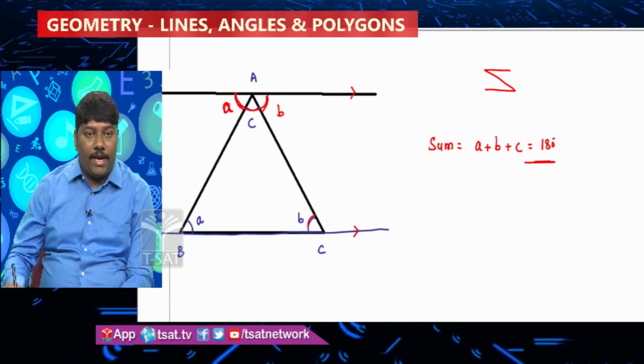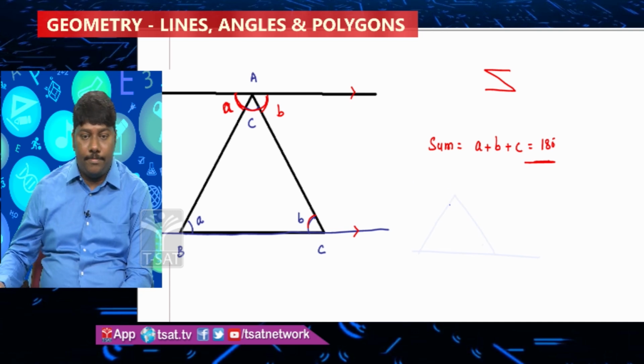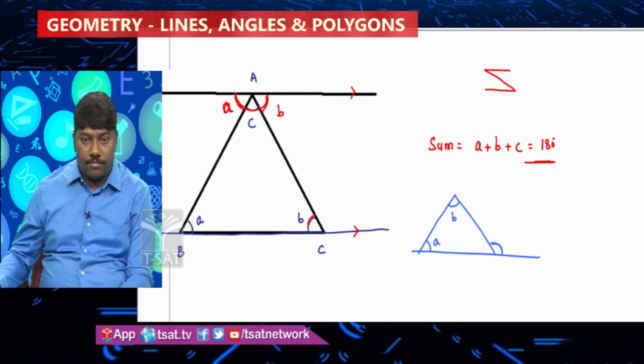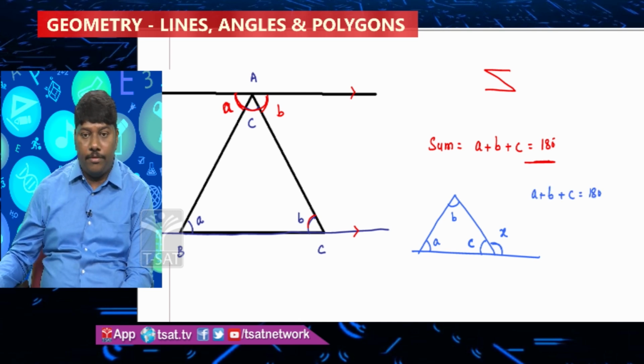If you look at any external angle of a triangle, if this is angle A, this is B, this is C, right? Let's say the external angle is x. We know A plus B plus C is equal to 180, just now we found.